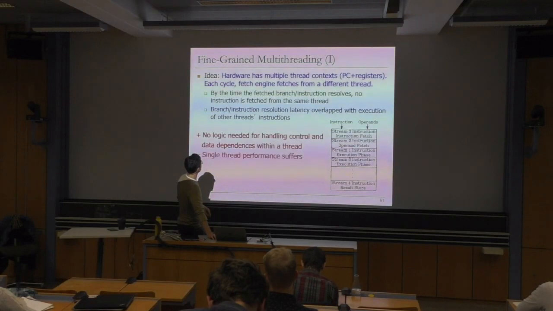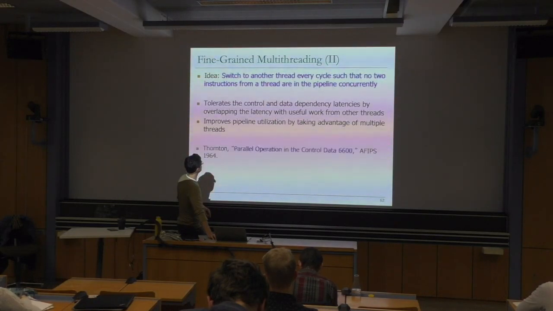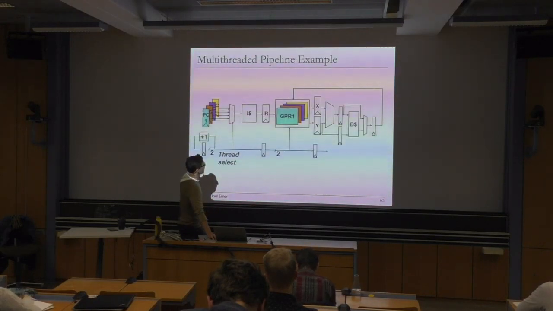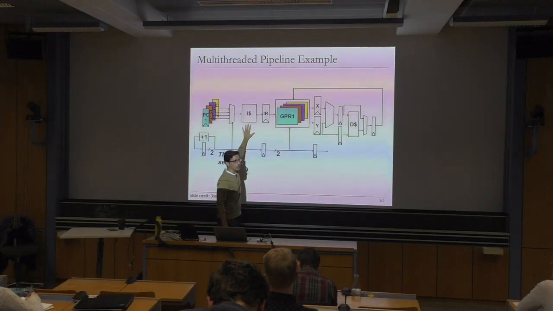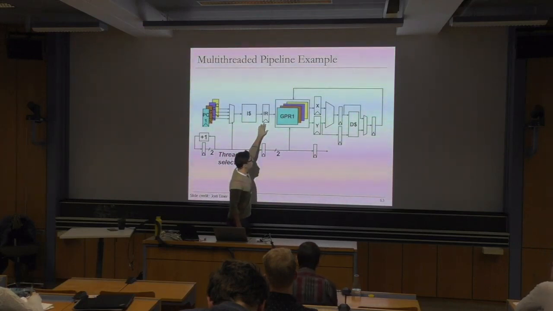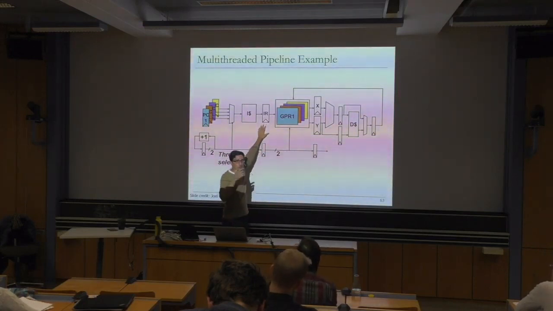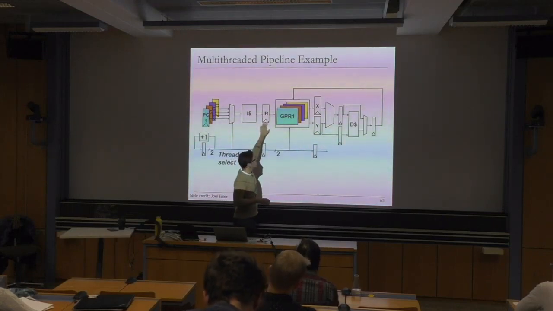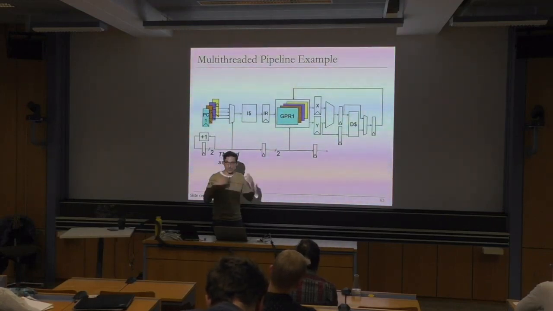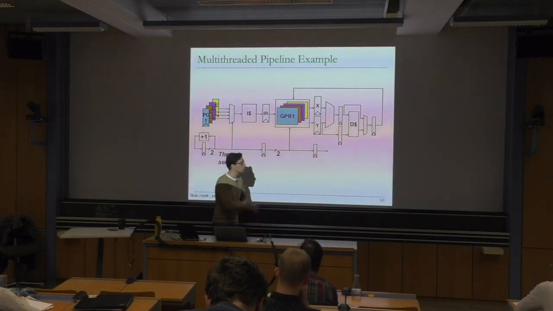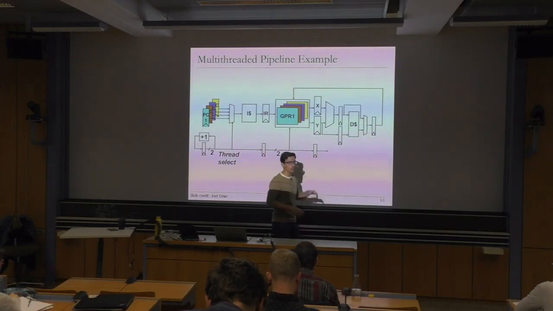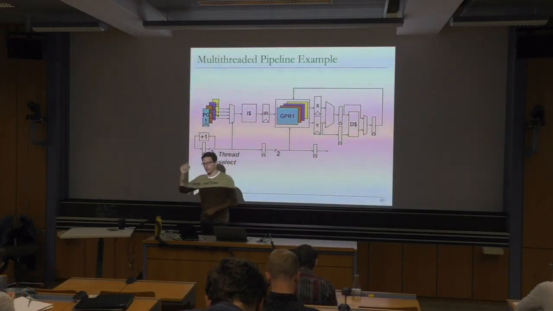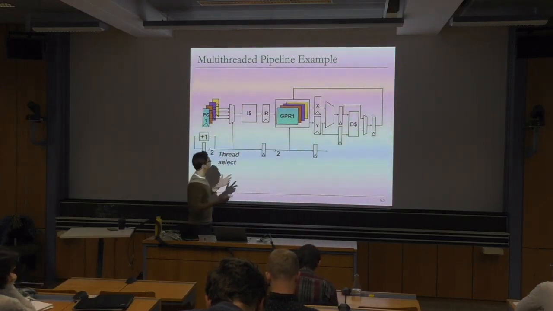You probably used to see a pipeline like this, right? This can be a pipeline. Observe that here you have instruction fetch, and here you have an instruction register, and then you have some control logic that reads this instruction and generates some signals or micro operations to tell the rest of the components you need to perform an addition, or you need to store this in memory, and so on, right?